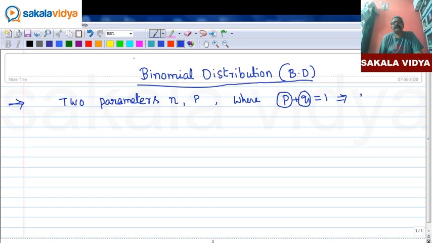So if p is given, q you can find out as 1 minus p. Here n is called the number of trials.